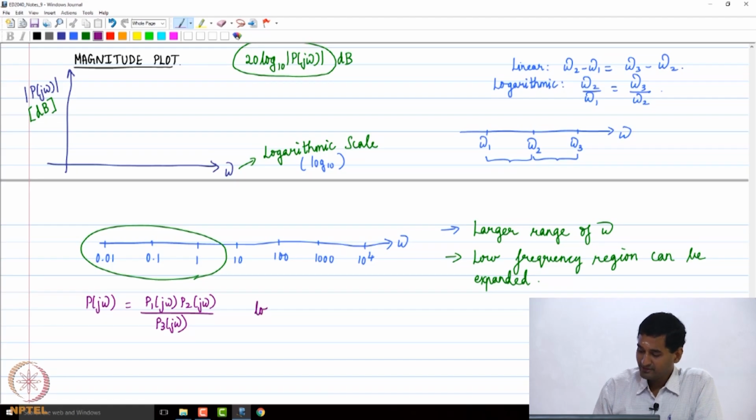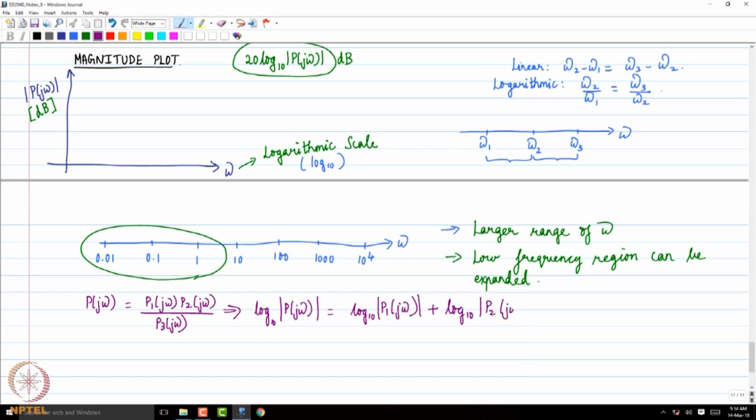If you then do log of P of j omega, to the base 10, we are just going to get log to the base 10 of the magnitude of P1 j omega, plus log to the base 10 of the magnitude of P2 j omega, minus log to the base 10 of the magnitude of P3 j omega, right, that is what we are going to get.